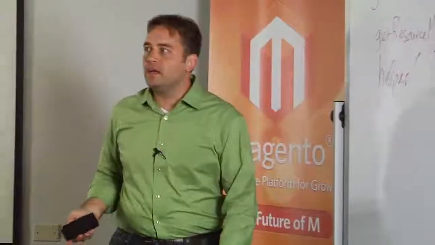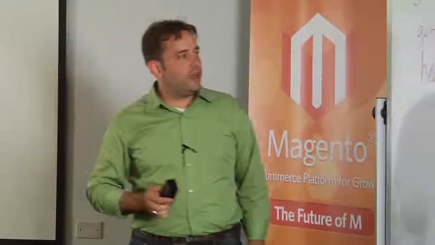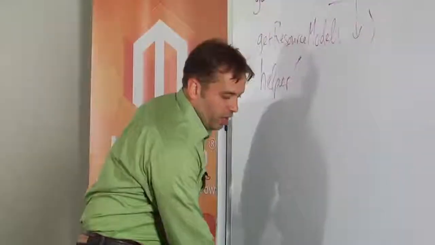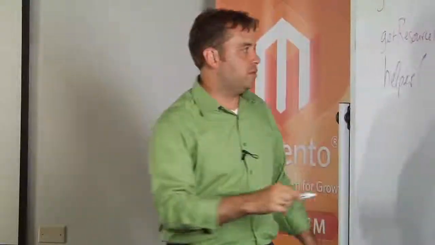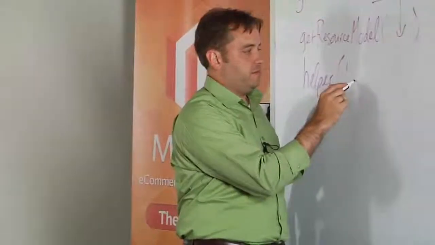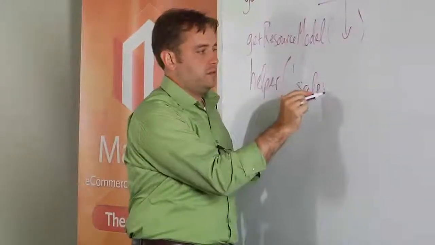All right. So let's see, helper. And a tricky thing with helpers, by the way, I'll go ahead and tell you this because it'll come up again. You can actually just specify sales.